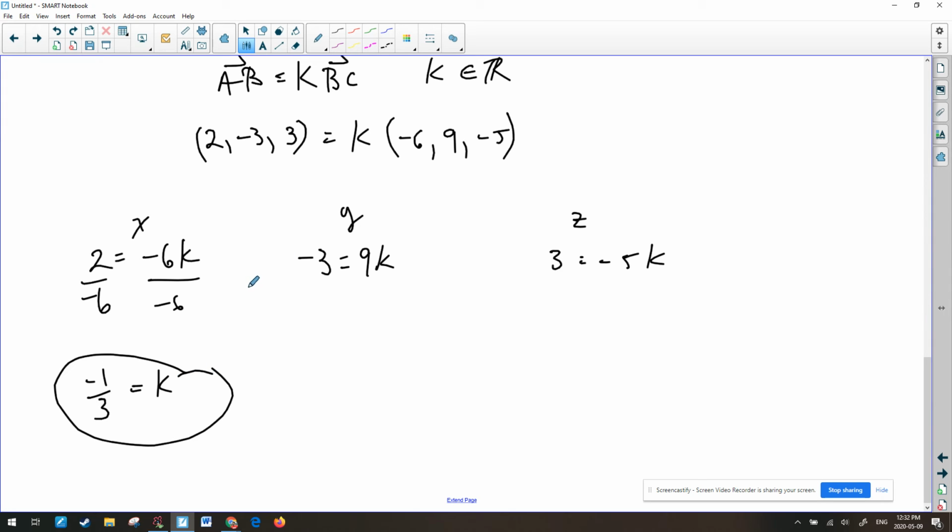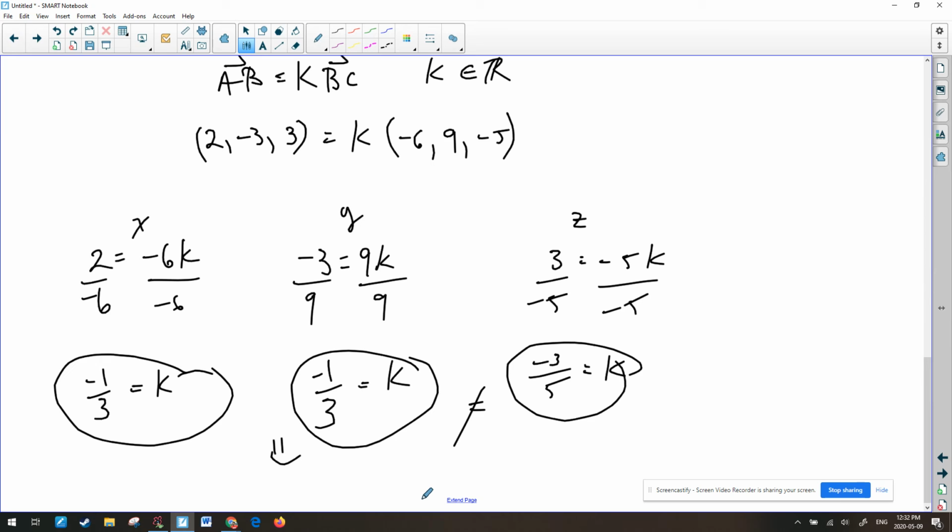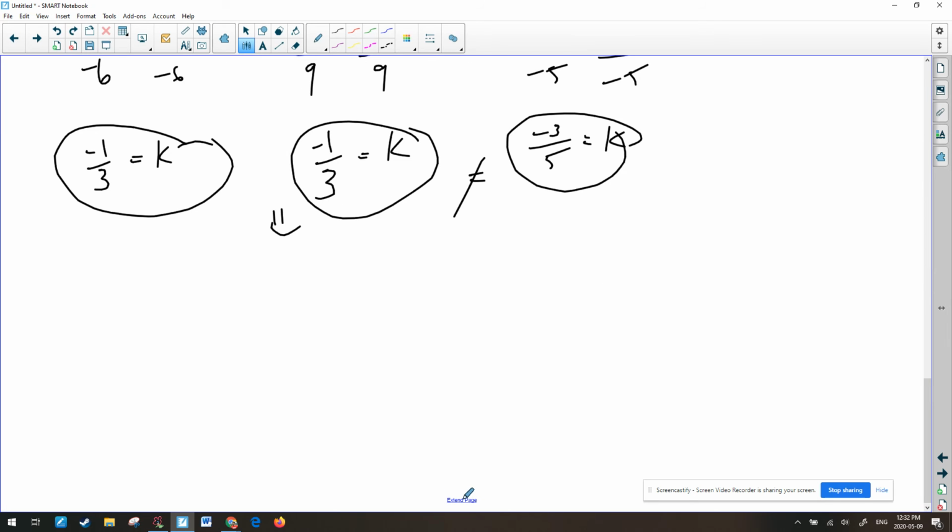That's the only option for k. The only way these 3 points can be collinear is if k is consistent for everything. Divide by 9, and k is equal to negative 1/3. Huzzah, they actually match, so I'm feeling pretty good. Then we divide by negative 5, and dang it, k is equal to negative 3/5, which does not equal the others.